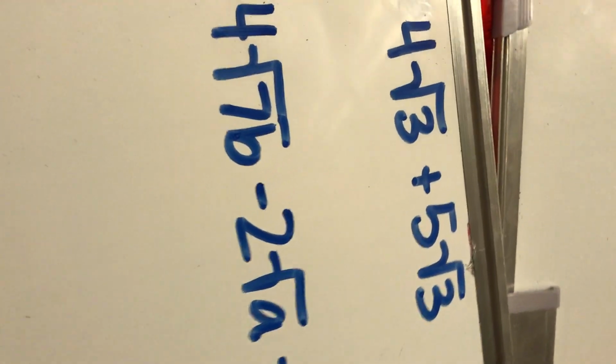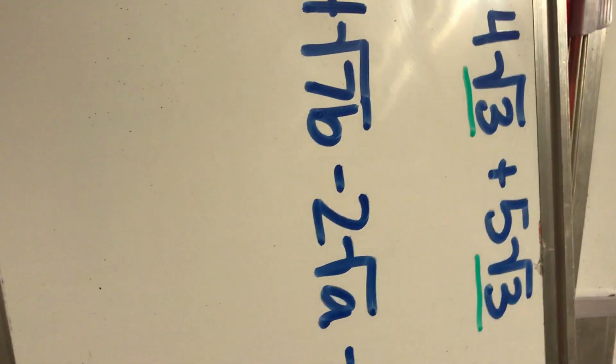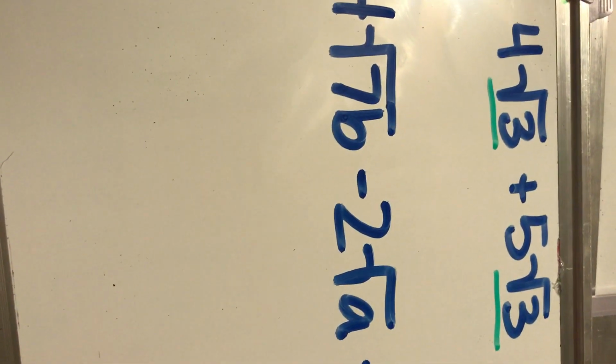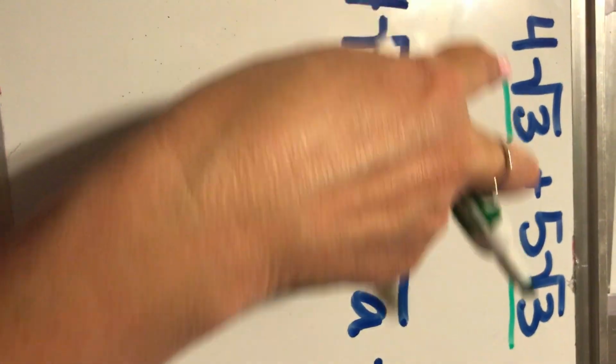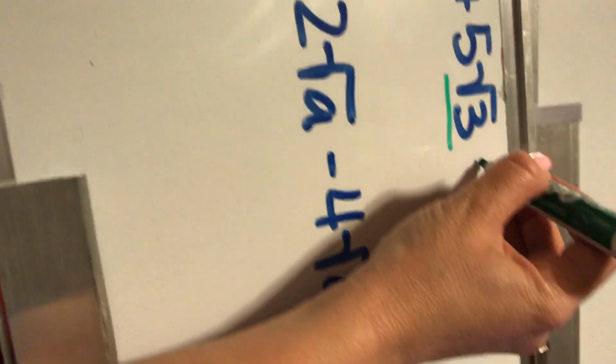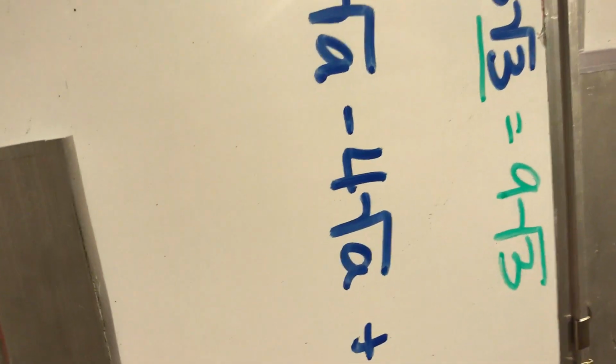In our first example here, we have 4 root 3 plus 5 root 3. Like I said, we treat these similarly to how we treat variables in this case. So if we have 4 root 3 plus 5 root 3, then what we have as a solution is 9 root 3.